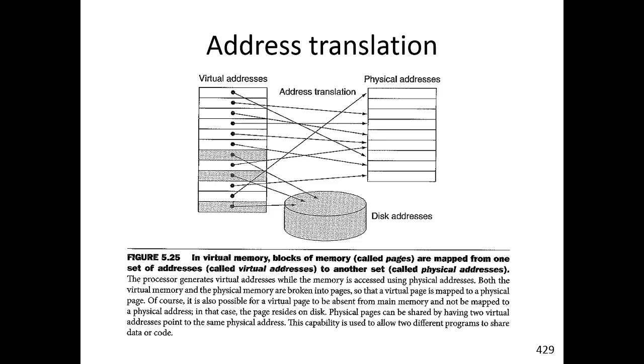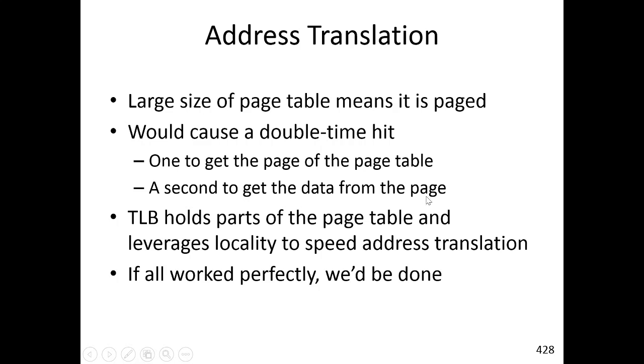It's not really a trick, it's just organization. And so here's how we do that. We create an address translation, just like how we had blocks and where they mapped in cache. In memory, we have pages and their translation.